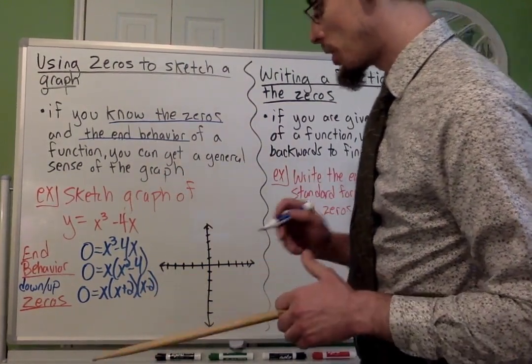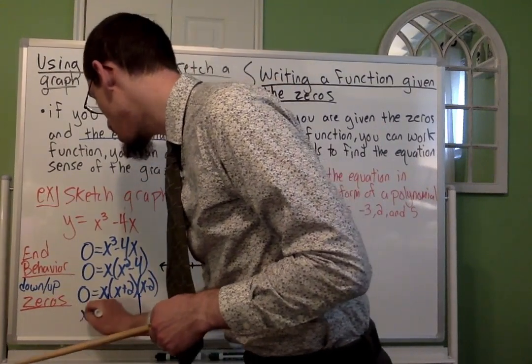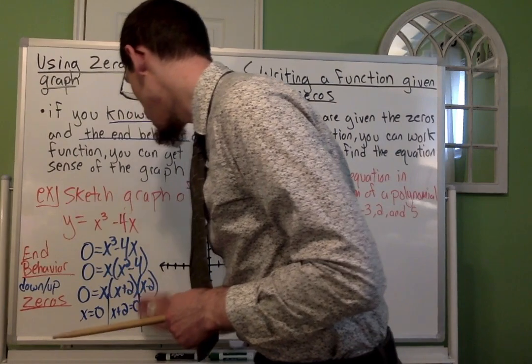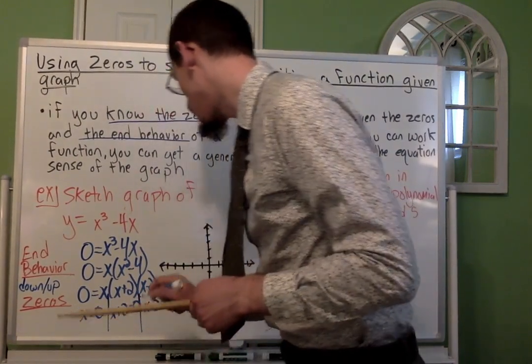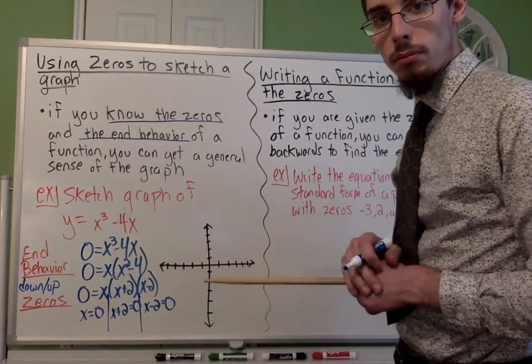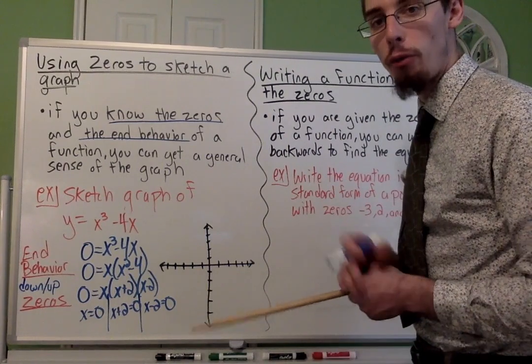So, what I do is I set each one equal to 0. The first one, x equals 0, already solved for us.